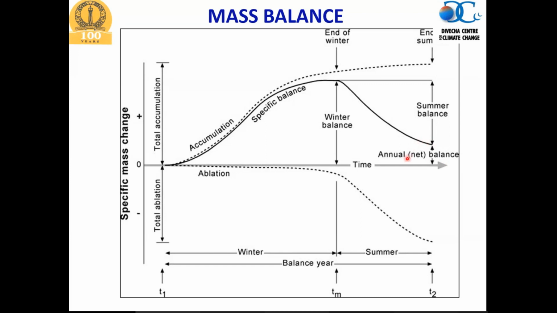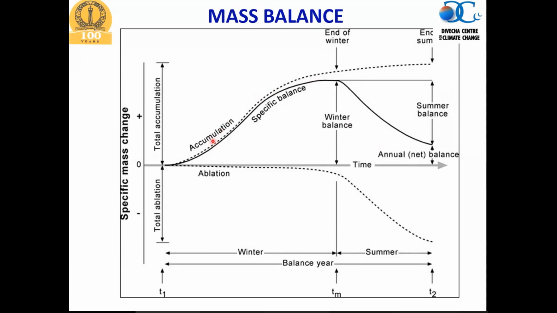You can look at this in two different ways. You can have a winter balance, and also a summer balance. Many people do it separately, that means they call winter balance and summer balance separately.